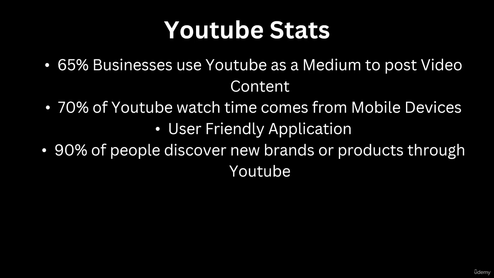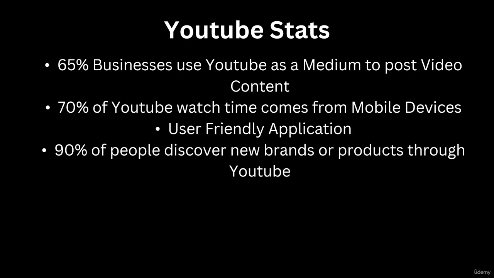One of the great things about YouTube is that they have a very user-friendly application. You just come to your YouTube app, or if you go into the Google search engine and search YouTube, you can also go there.